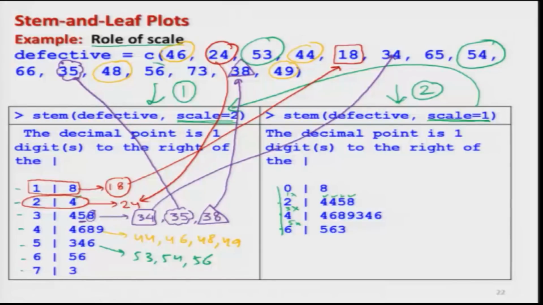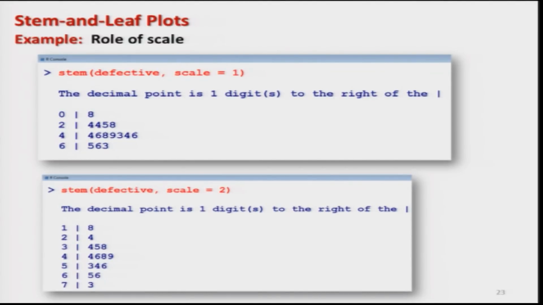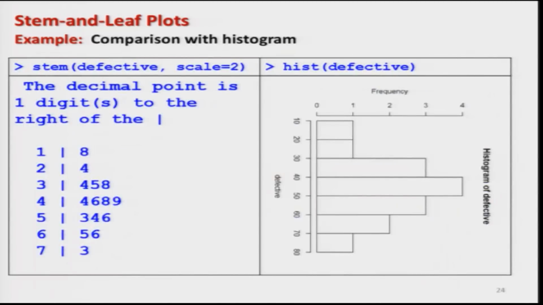So, you can see that these stem and leaf plots represent a sort of histogram in terms of the frequency of the given data set. How? Let me show you. This is the screenshot of the two plots, with scale equal to 1 and scale equal to 2.